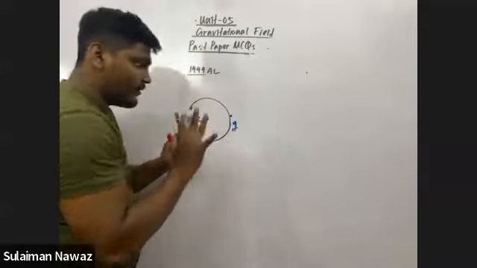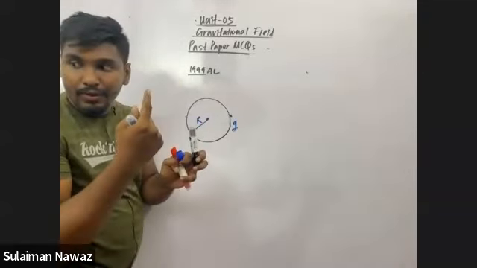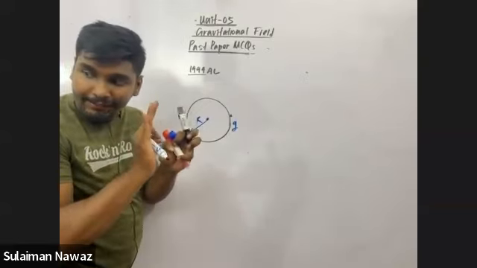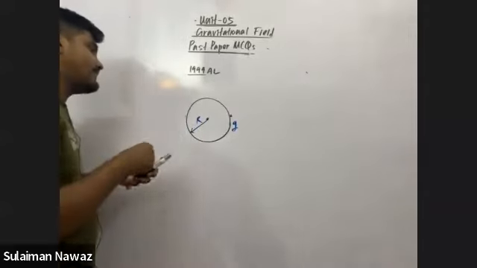The gain in potential energy of an object of mass small m raised from the surface of the Earth to a height capital R is.